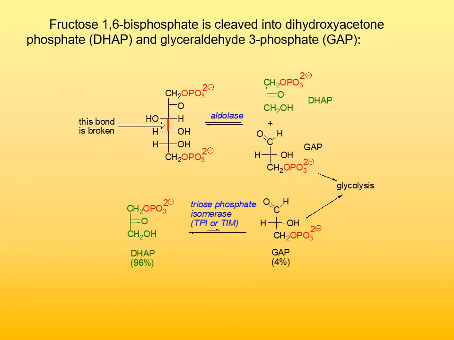But that GAP enters glycolysis and is constantly being removed from the equilibrium. According to Le Chatelier's principle, if it's being removed from the equilibrium, then it's constantly going to be replenished by isomerization of more GAP. And so that isomerization constantly happens, GAP is being removed and goes into glycolysis, until eventually all of the dihydroxyacetone phosphate enters glycolysis as GAP.